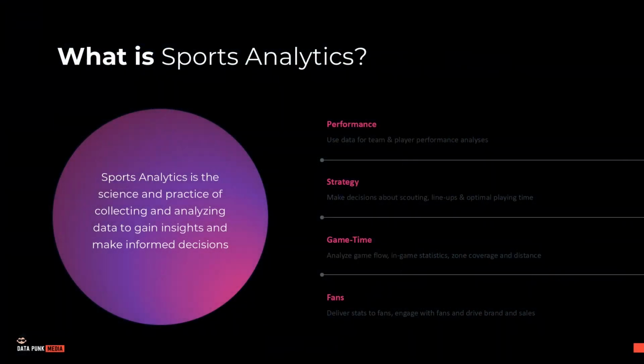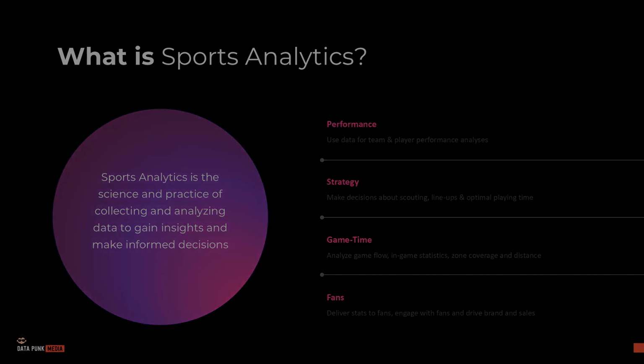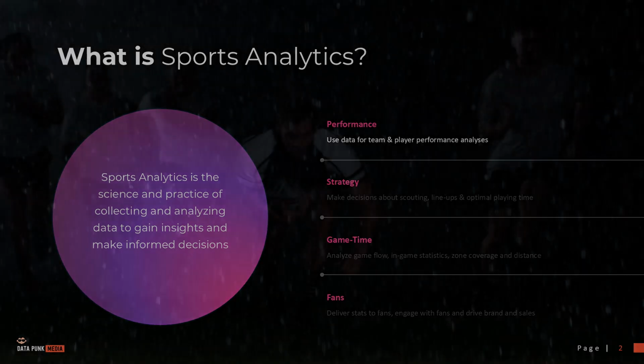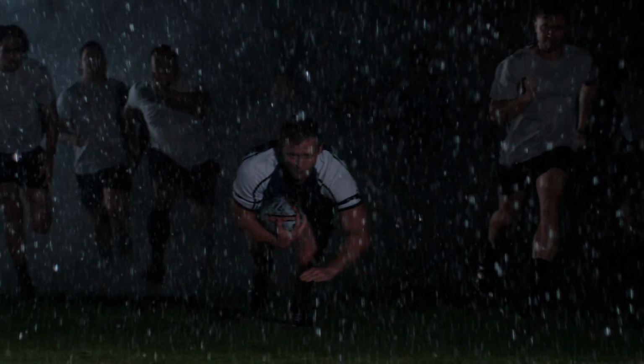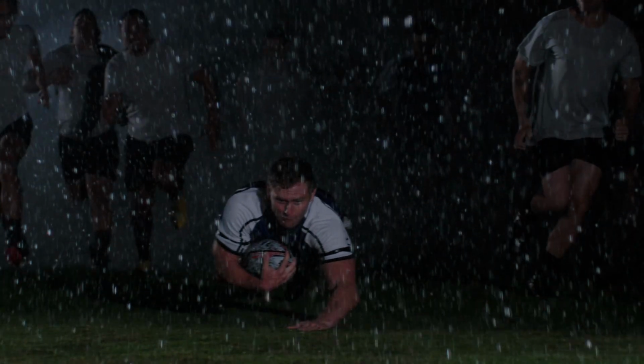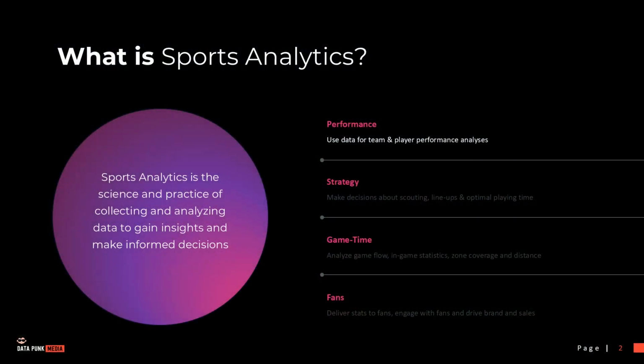Sports analytics impacts areas like team and player performance, strategy, game time events, and fan engagement. For example, sports analytics is used to measure the individual player or team's performance on the field, court, or ice. Discrete statistics and metrics ladder up into views that help coaches, managers, and decision makers.